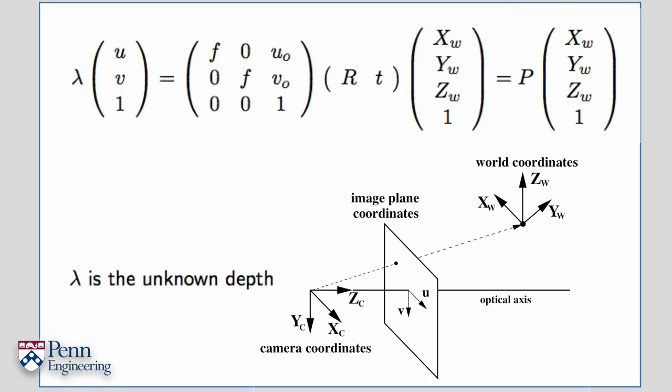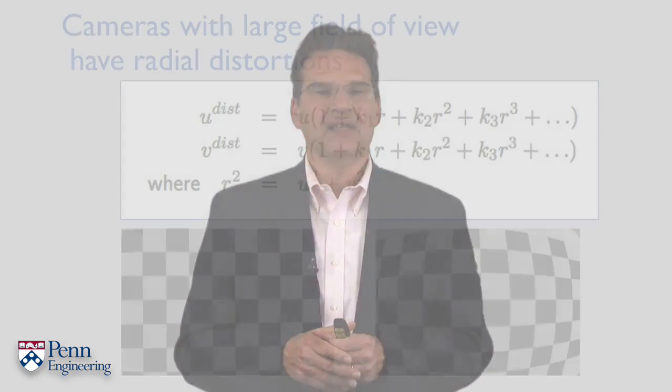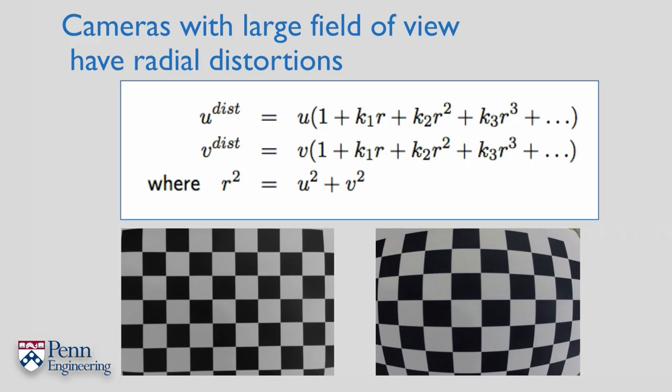In addition to those parameters, we might encounter some other parameters which cannot be modeled linearly, not with a nice linear algebra equation we have seen in the last picture. This happens when we have lenses like fisheye lenses, lenses which cover a very big field of view. Then you might have already observed in cameras like the GoPro that when you get straight lines in the world, you don't get straight lines anymore in your picture.